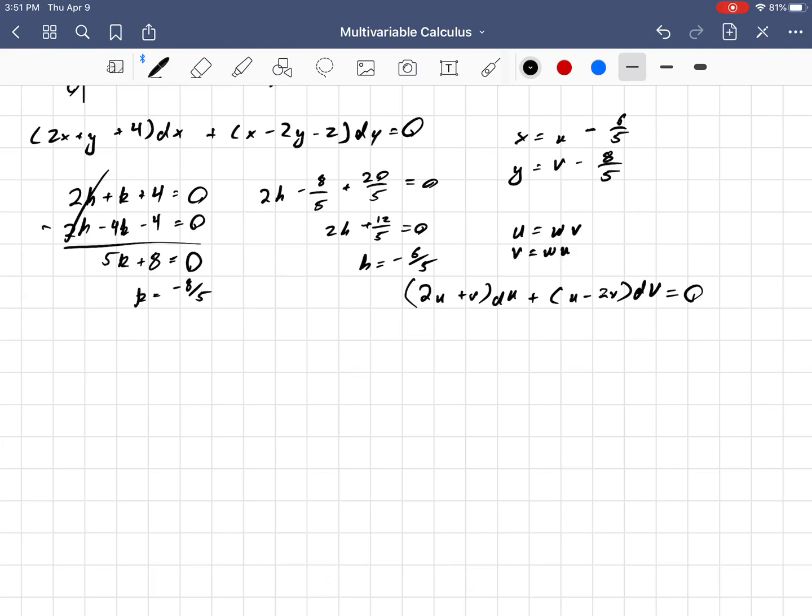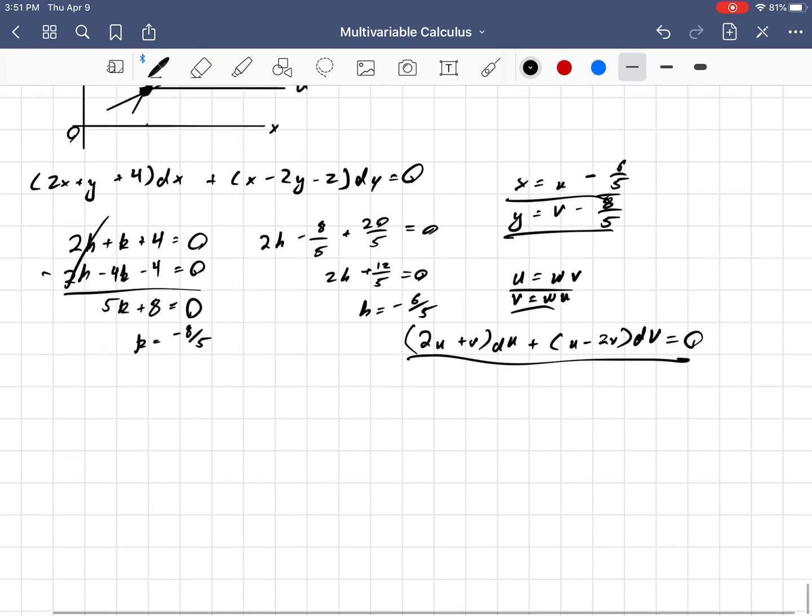Then you get a separable equation that you could solve, and then you'd back substitute. I know we've done homogeneous equations, and you know how to back substitute, so once I get to this point I'm really going to say that I'm done, because solving homogeneous equations is done, solving separable equations is done, and back substitution is an algebra thing.